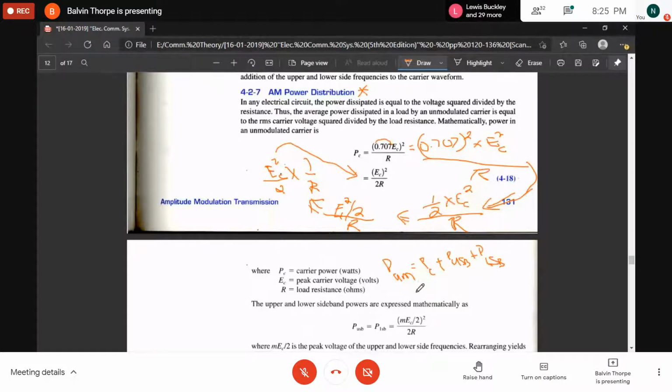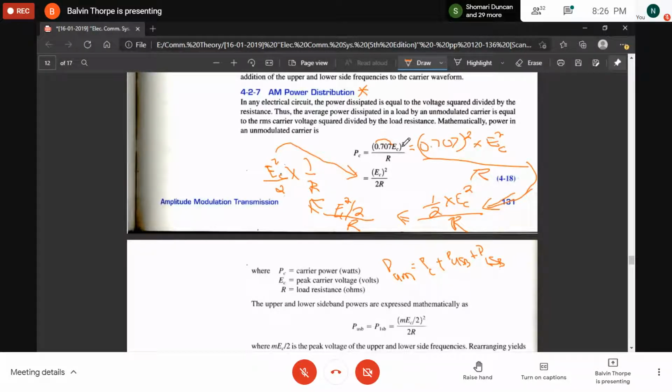So, in order for us to find the power in the total AM wave, we have to find the power in the carrier, which is what we just did. We found an expression for the power in the carrier because we know that power is voltage squared over R. And the voltage in the carrier is EC.